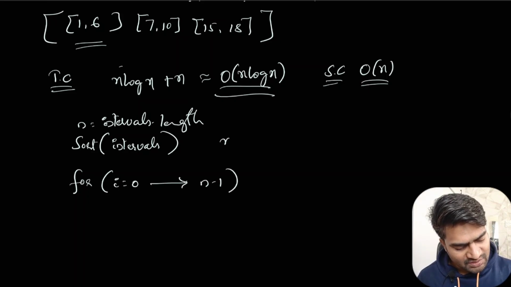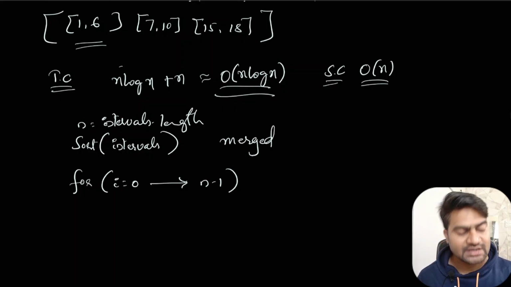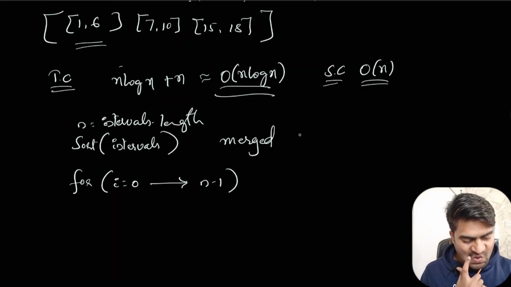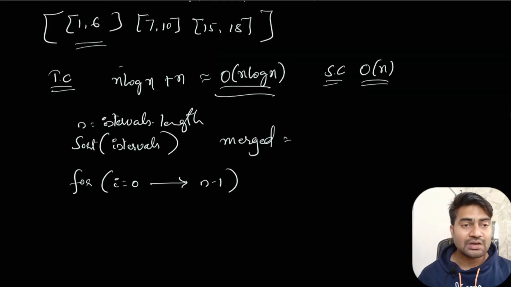Then after that, we also need our merged array. For that, we can first push the first value into the array and then process from 1 to n minus 1, or we can simply take an empty merged array.